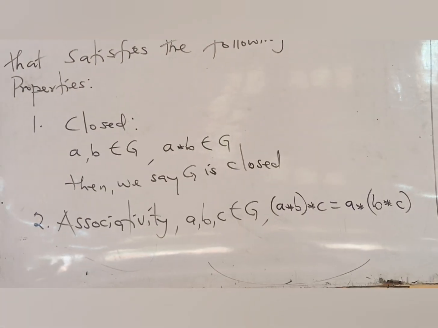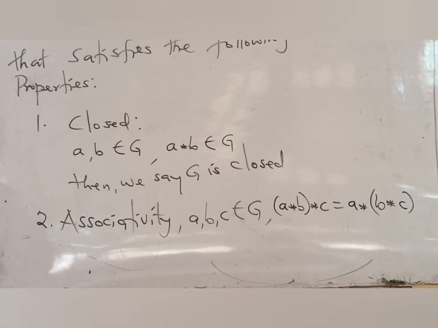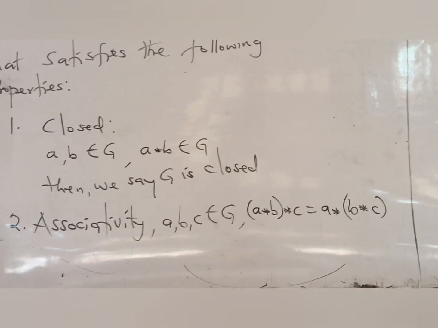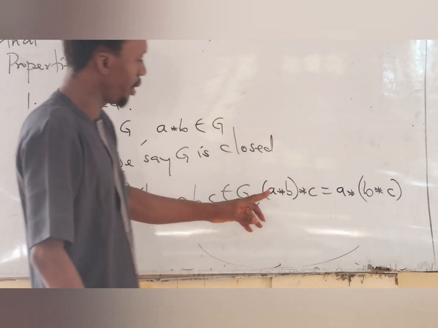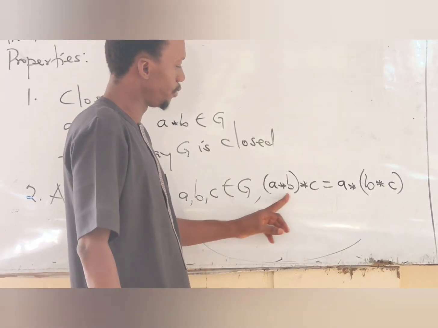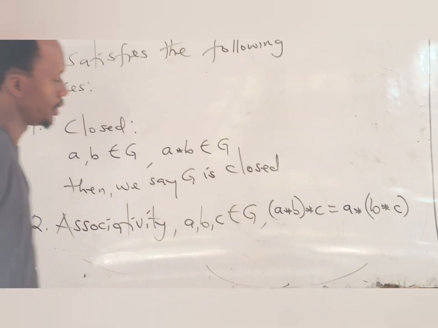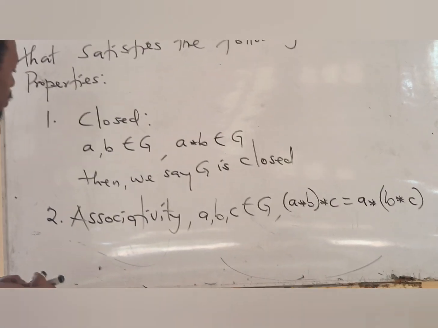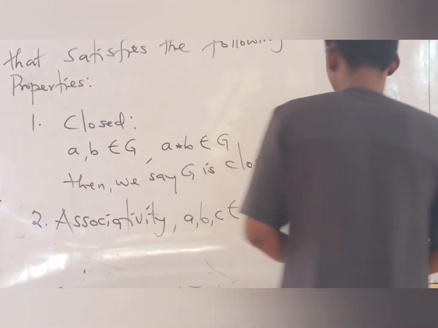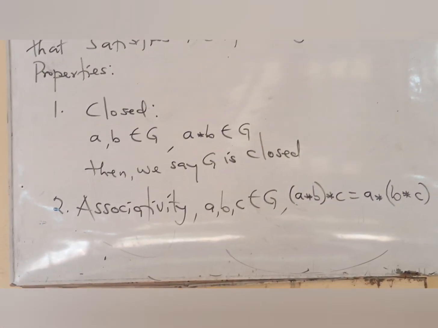So when you move the parentheses, from the first two to the last two, you get the same result. It means it is associative.